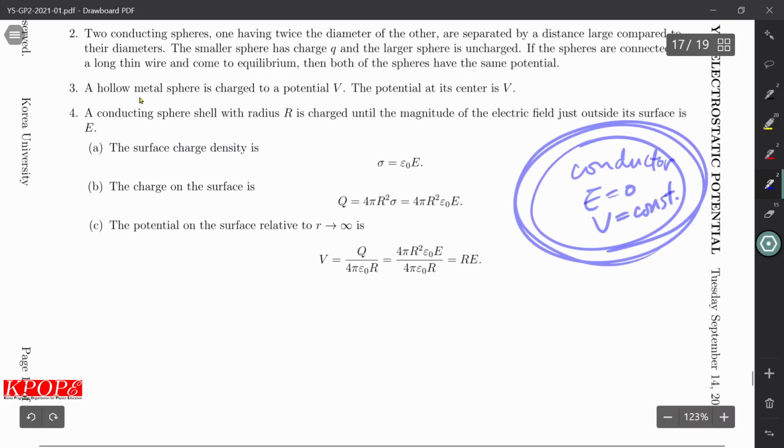Here, a hollow metal sphere is charged to a potential V. The potential at its center is V, because inside the conductor the electric field is 0, and the electrostatic potential inside the conductor is always constant.